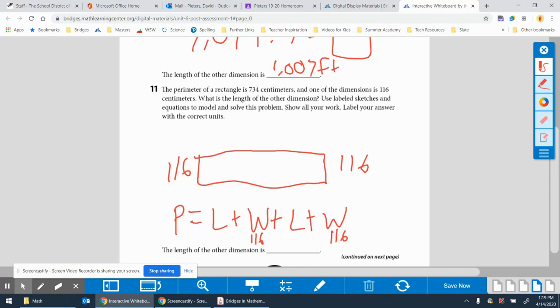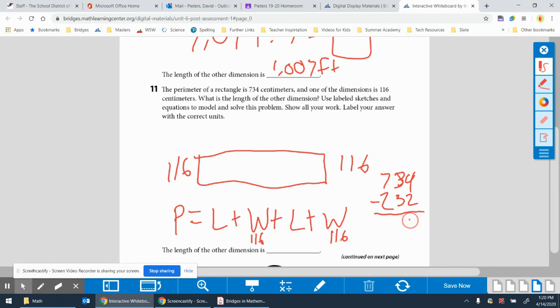So 116 plus 116, well, 100 plus 100 is 200, and 16 plus 16 is 32. So far, we've used 232. But we still need to figure out the other part of the 734 centimeters. So we have to figure out what's left over from it. So if we take our 734 and we tell ourselves, well, we already put out the 116 and 116, what's left over?